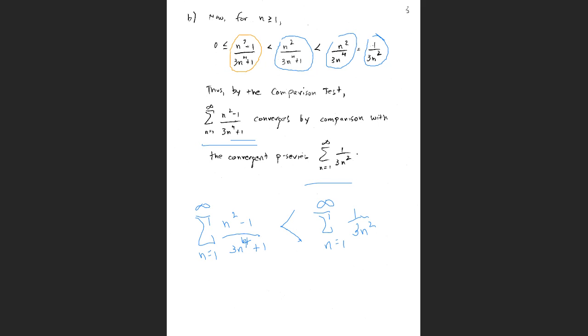The series 1 over 3n squared is greater than the other series. And we know that all the terms are positive. So if the larger series converges, what's the smaller series got to do? Converge. That has to converge too. Right. What else can it do?